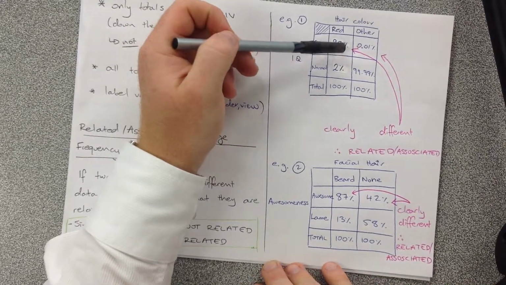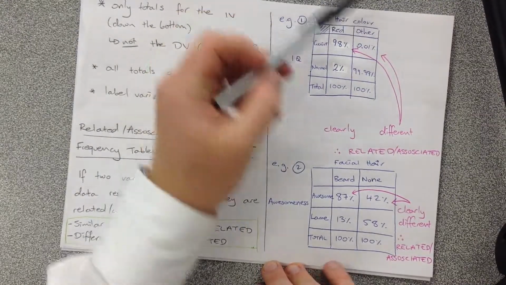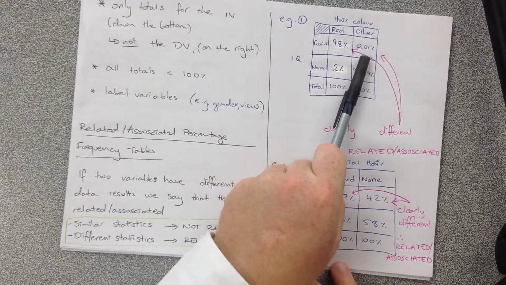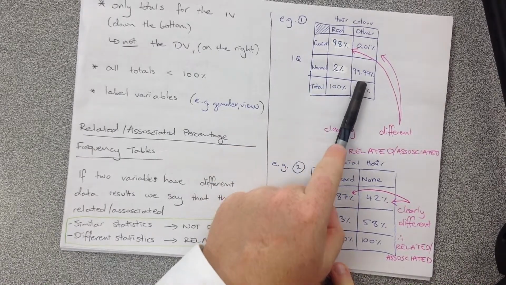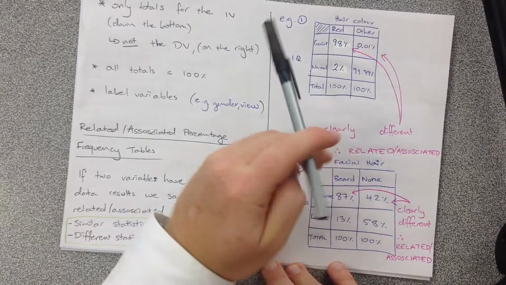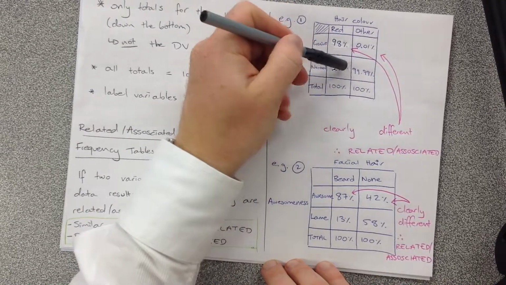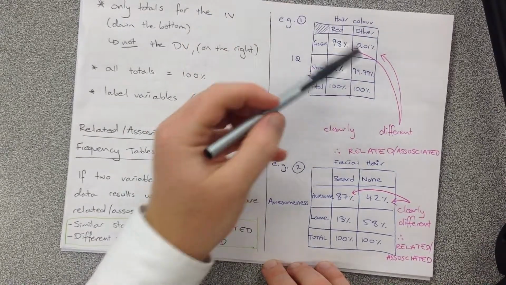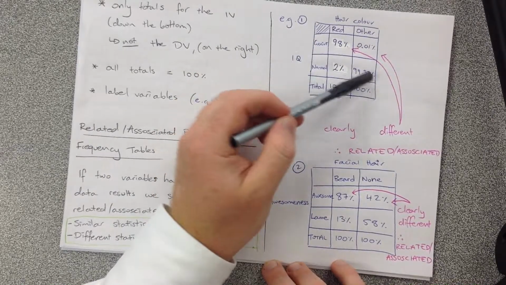So let's check if that's the same sort of percentages for people that don't have red hair. Only 0.01% of people that don't have red hair are geniuses, and 99.99% of people that don't have red hair aren't geniuses. So if they weren't related, we would expect these to read the same and these to read the same, but they're very different. I can see here these two that I put in pink are clearly different, and these are also clearly different.